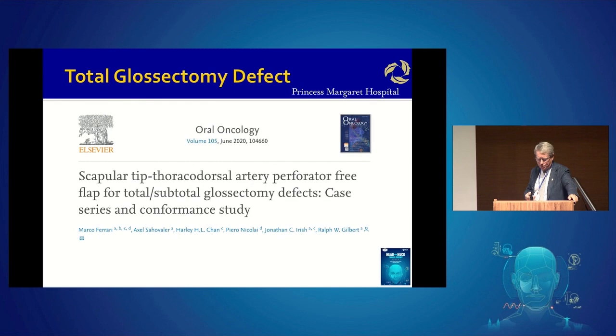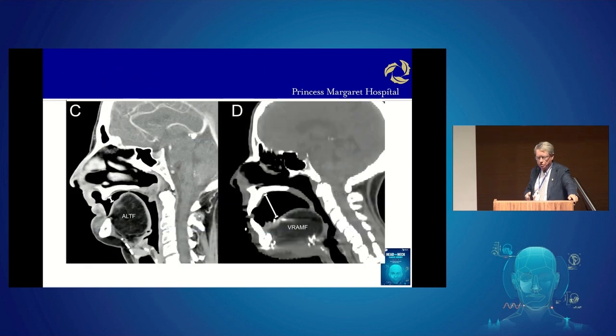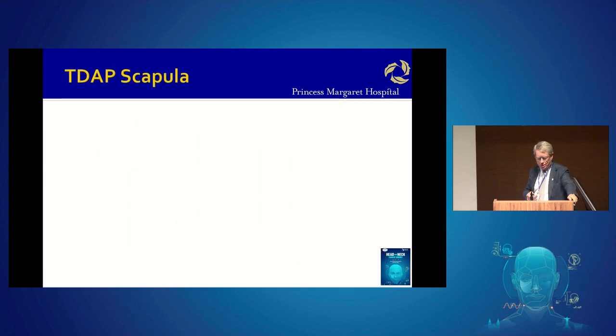This is a publication from a couple of years ago based on our experience in using the scapular tip flap with the TDAP flap to recreate the oral tongue and recreate the diaphragm of the floor of the mouth. This is an anterolateral thigh flap, and you can see that over time, although it's a different flap, a VRAM flap, what tends to happen is the flaps herniate inferiorly, producing inferior functional results for patients.